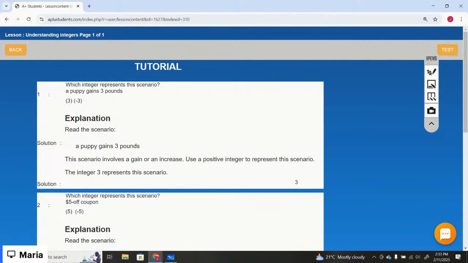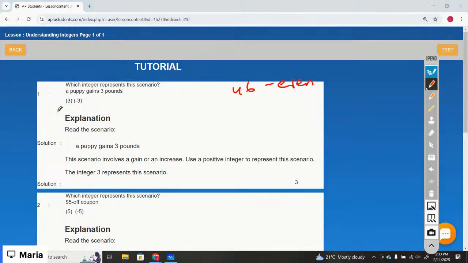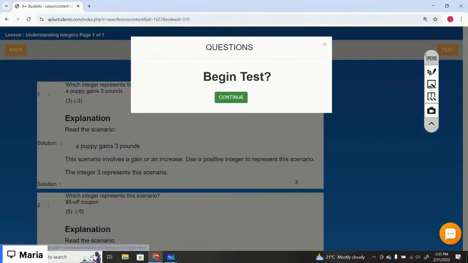So the positive number represents the gain or the increase, while the negative number represents the decrease or loss. So in the question, a puppy gains 3 pounds. Gain means something that would be increased. Increases are represented by the positive numbers. That is positive 3. Let's just start with the test questions.